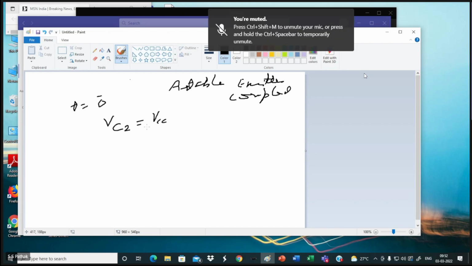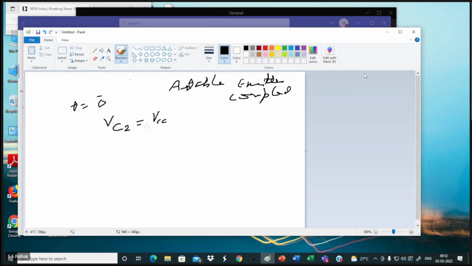Similarly, VE1. Because emitter of Q1 will be how much? VBB minus V gamma.